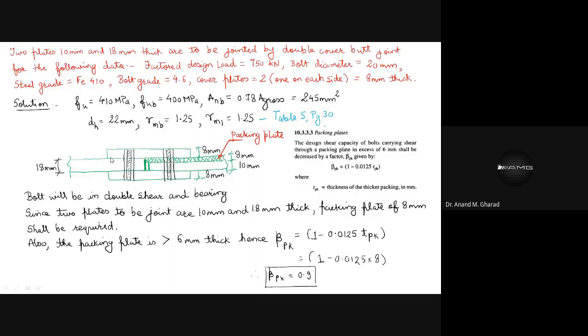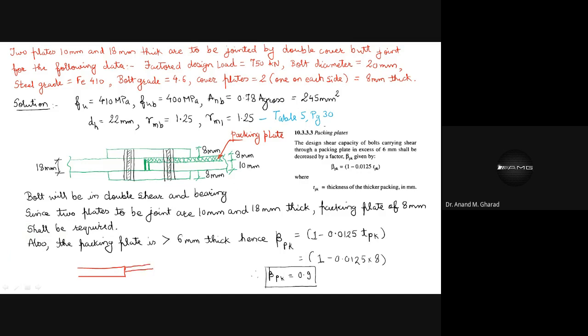Okay, so now see this packing plate. I could have placed it here also. It is not mandatory that this plate of 10 should lie above the bottom cover plate. It could have been here also, a 10 plate like this. It is not hard and fast. So this is the 18 thick plate, and the 10 plate could have been over here also.